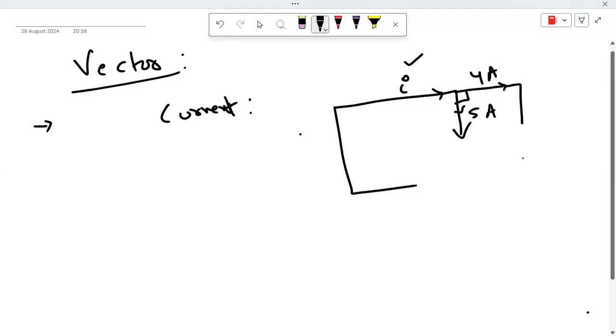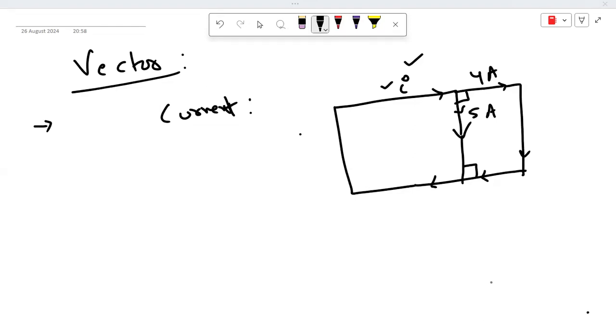Let me join the circuit. How much is the I? It is just 9 ampere.